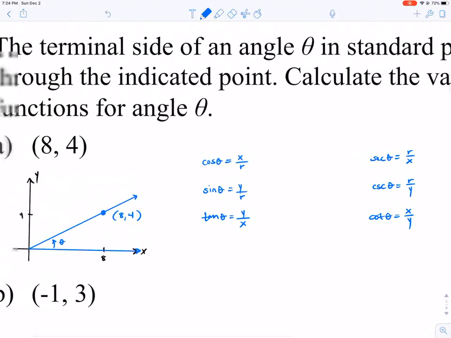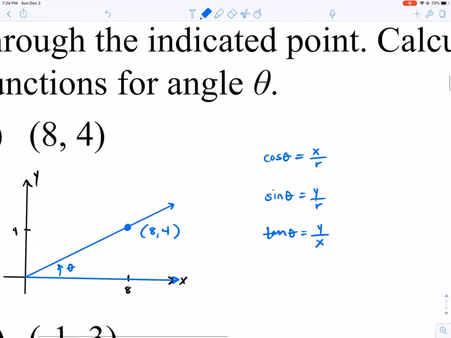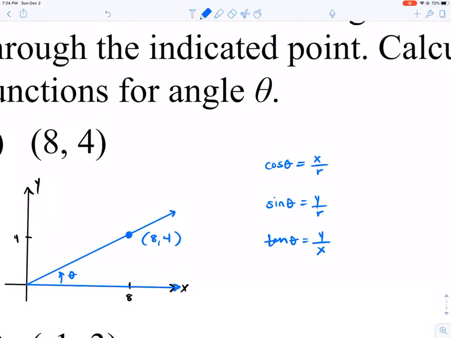So notice that here, since we're given a point that the terminating side of angle theta passes through, we know what x and y are, but we need to determine what r is. And r, remember, is the distance of the point from the origin.